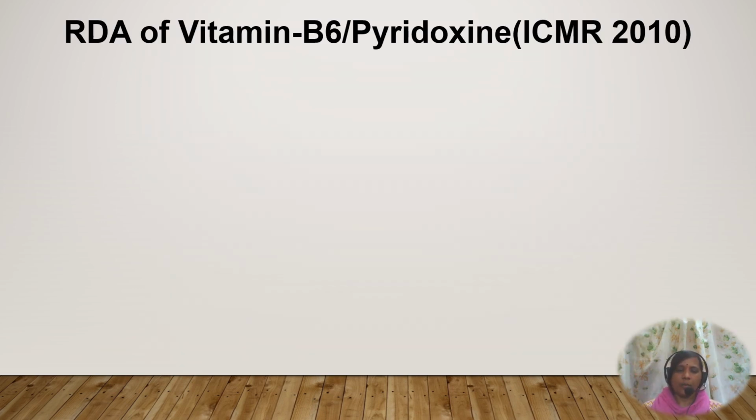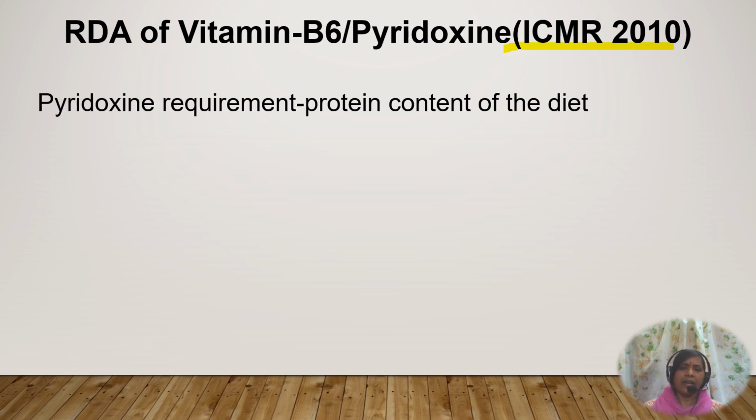Okay, now let us know about the RDA, or the recommended dietary allowance, or in other words, the requirement of vitamin B6 or pyridoxine given by ICMR 2010. Unlike the other water-soluble B-complex vitamins which we have discussed so far, whose requirement depends on the energy intake, the pyridoxine requirement depends on the protein content of the diet.